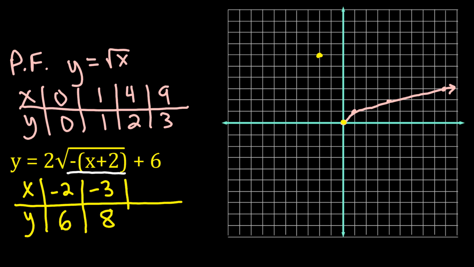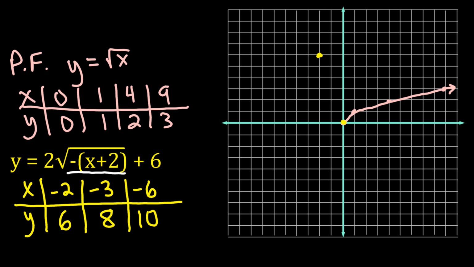All right, so then what I want is to get the inside of this to equal 4. And so what I want is the parentheses to give me -4. So that's going to be -6. -6 plus 2 is -4. Negative -4 is 4. Square root of that is 2. 2 times 2 is 4, plus 6 is 10.